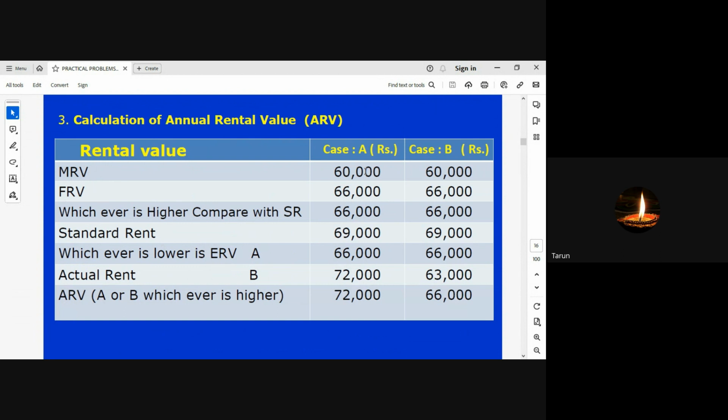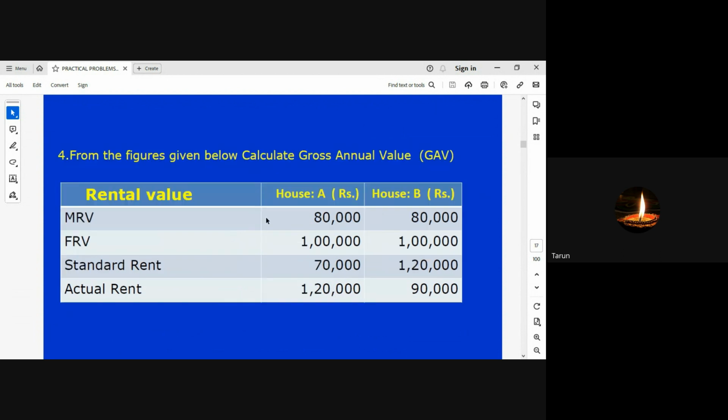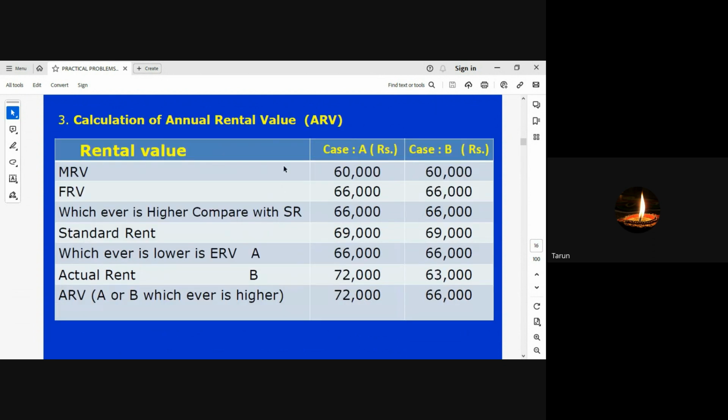So this is how you need to calculate annual rental value. This is also another case given to you. Annual rental value, in other words, we call gross annual value.